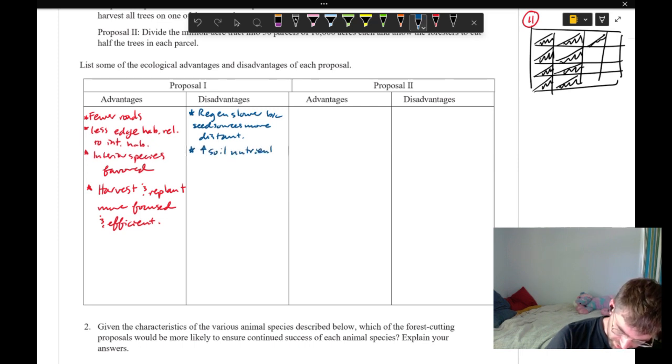So you're going to have increased soil nutrient loss from land. And finally, you're going to have complete loss of some communities.